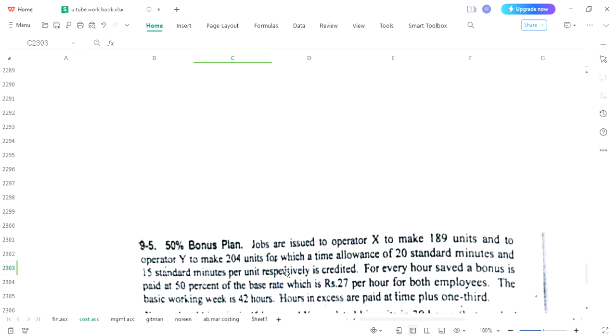For Y, to make 204 units. Now keep it in mind, Y's target is little larger. X was given target to complete 189. Y was given a target to manufacture 204 units. It means these two amounts we are related with: 204 units and 15 standard minutes.